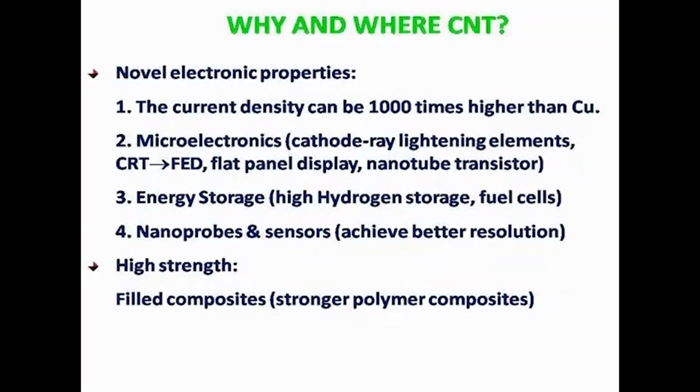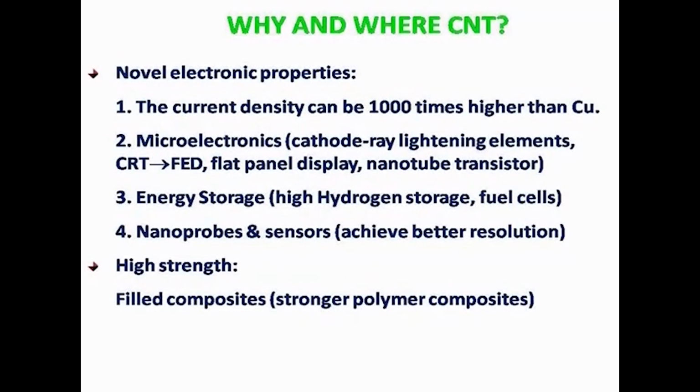So, why do we want to use carbon nanotubes? Its current density can be 1000 times higher than that of copper, because there are no problems associated with electromigration as in the case of copper. But this does not mean that carbon nanotubes also have lower resistivity than copper.